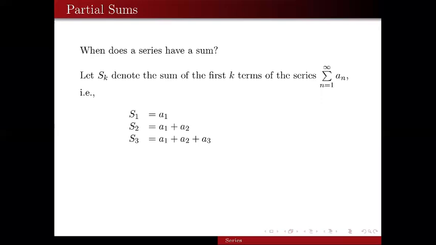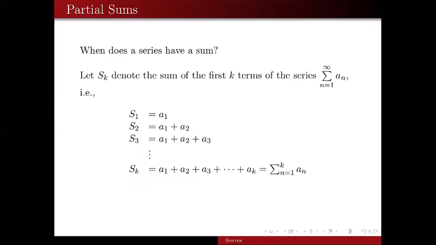S sub 3 is A1 plus A2 plus A3. And S sub k will be A1 plus A2 plus A3 until plus A sub k. So you add the first k terms, and you can get this S sub k because you just have a finite sum.